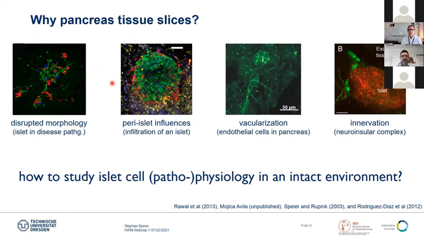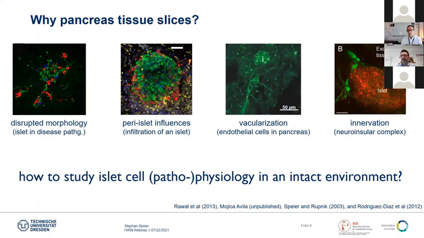We later wanted to look at infiltration of islets in autoimmune models, and most of the immune cells were lost during the isolation process. And at that time, we were not able to do in vivo imaging.